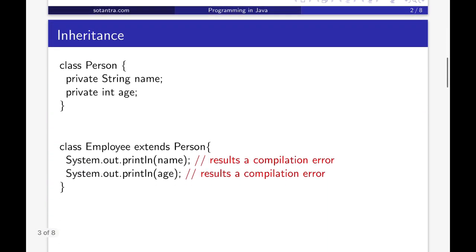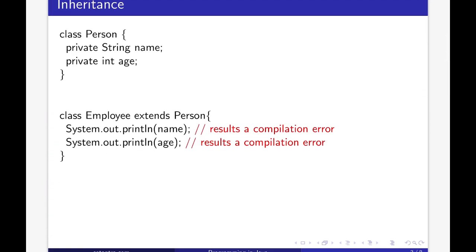So in the Employee class we are trying to access the private members of the Person class, so that is not allowed, and this statement results in a compilation error. Similarly this statement also results in a compilation error.